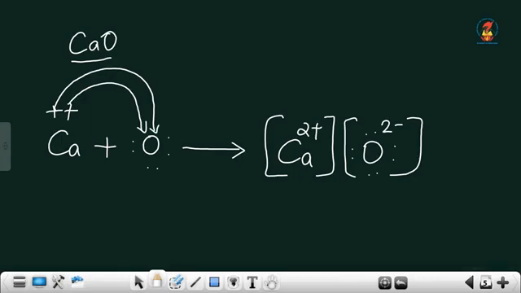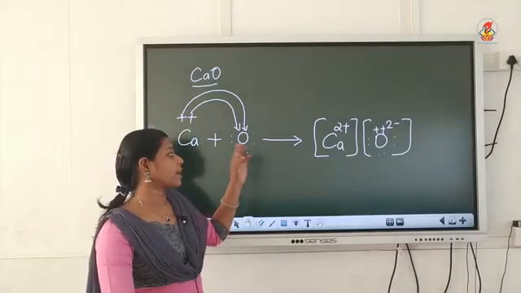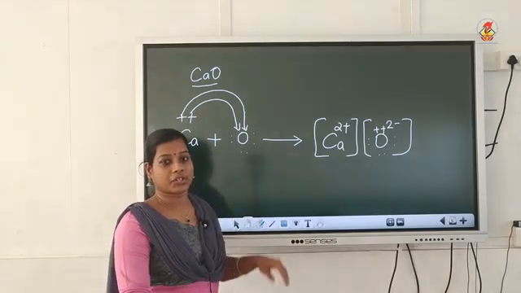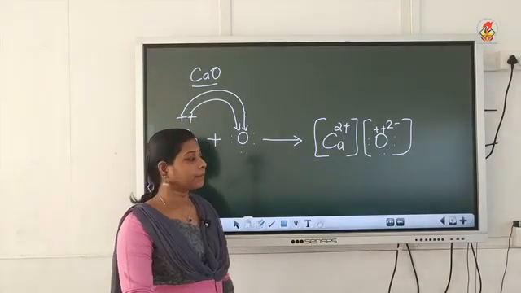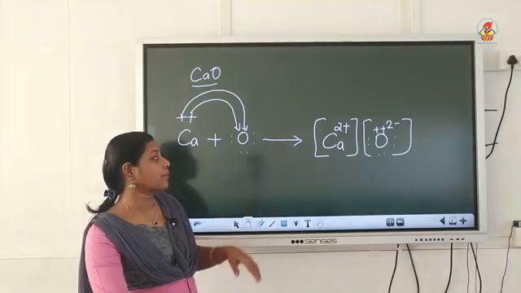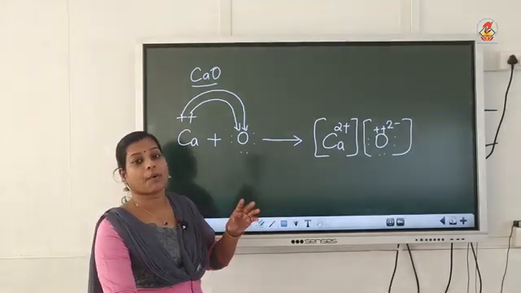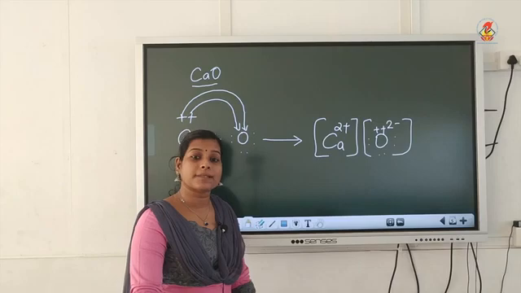That can be denoted by showing the positive sign, so that we can easily understand which electron is coming from calcium. Then we can show the formation of different ionic compounds like this by the transfer of electrons.